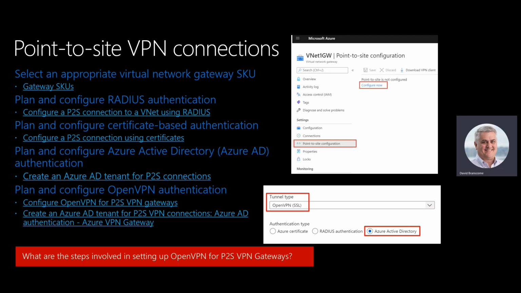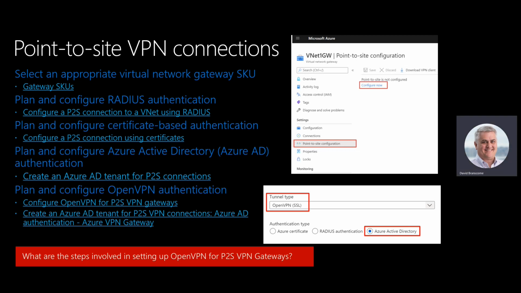When you use the native Azure certificate authentication, there's a client certificate on the device that is used to authenticate the connecting user. The validation of that client certificate is performed by the VPN gateway, and it happens during the establishment of that point-to-site VPN connection.